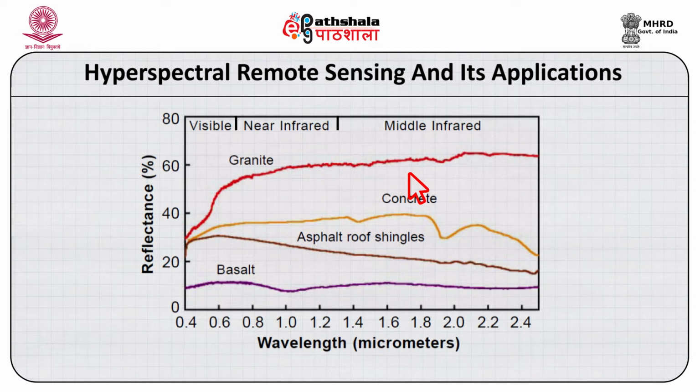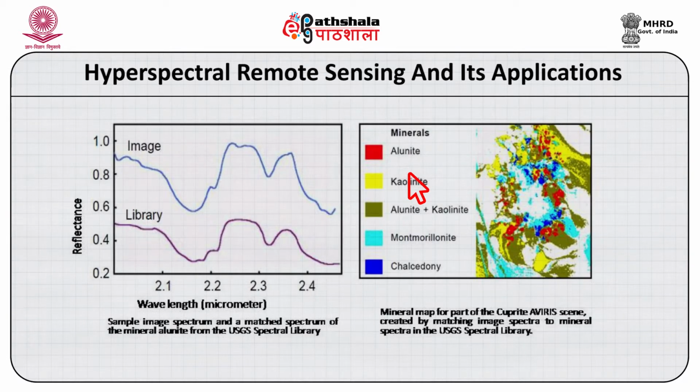Now, if you see figure 10, we have seen almost a similar thing: we have a spectral library. Figure 10 clearly shows that if we have concrete surfaces, basalt surfaces, or asphalt surfaces anywhere in India or any part of the world, the same material will behave similarly.